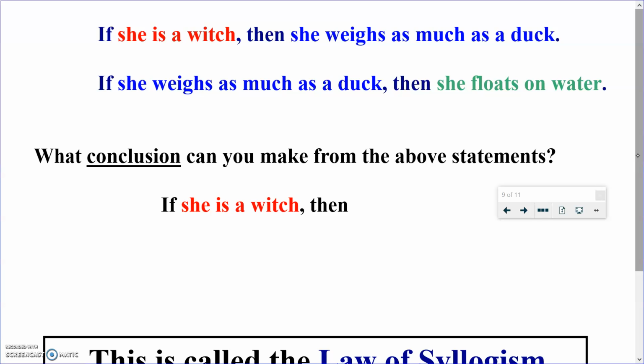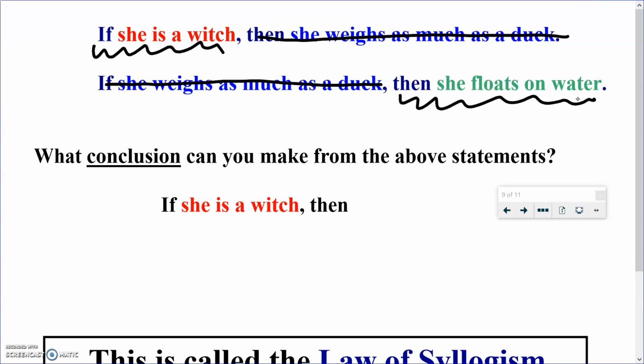And so the law of syllogism says that if the conclusion and the hypothesis are the same, then you can take these two pieces and turn them into a new conditional statement. So if she is a witch, then she floats on water.